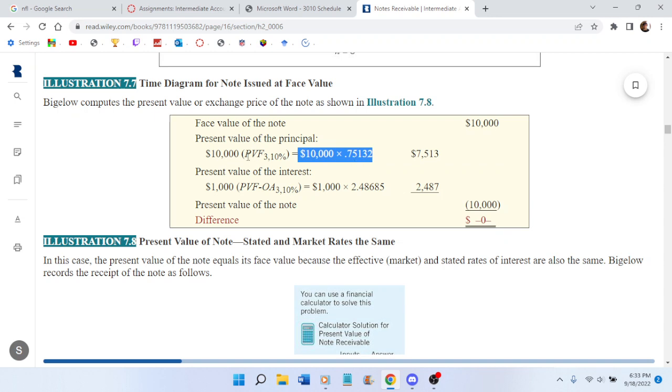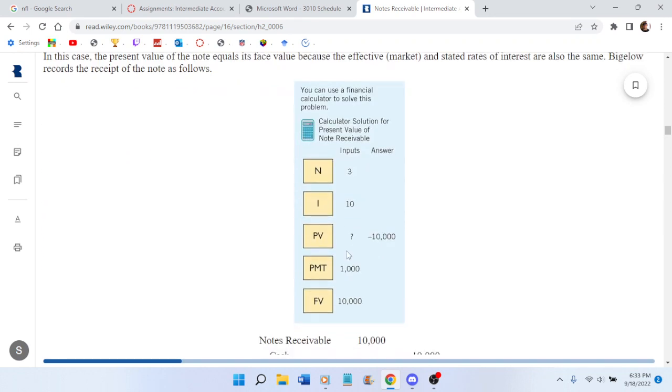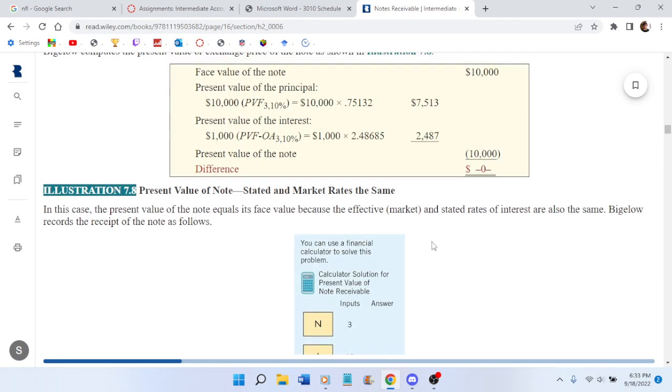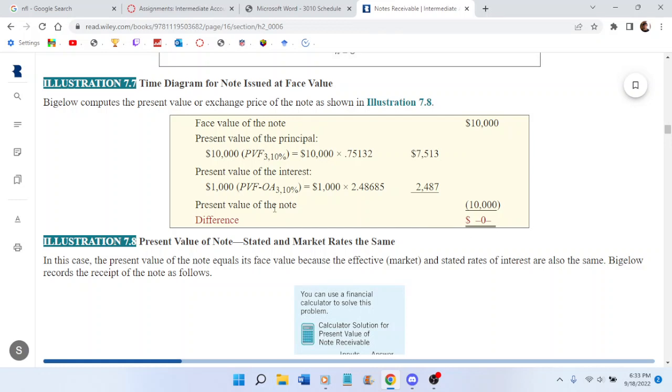How do you get this number? They didn't illustrate how to get those two numbers. They illustrated how you can get the answer of negative 10,000. They illustrated how you can get this number on a financial calculator.